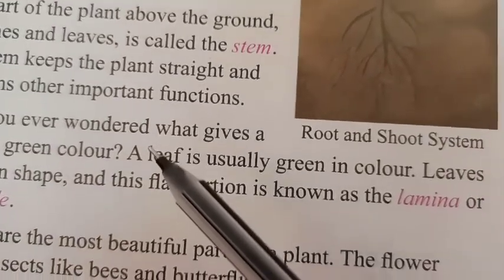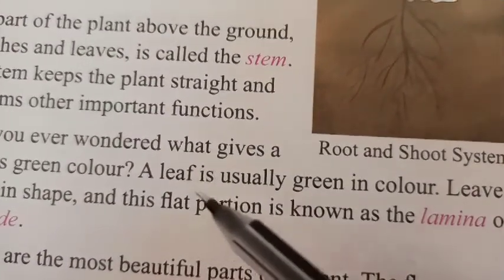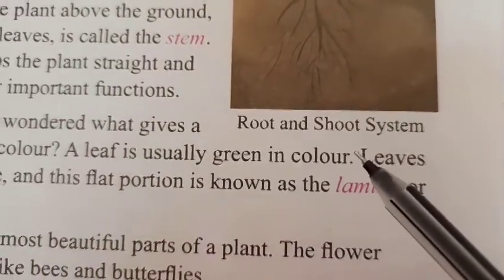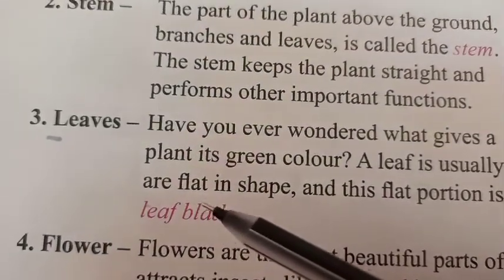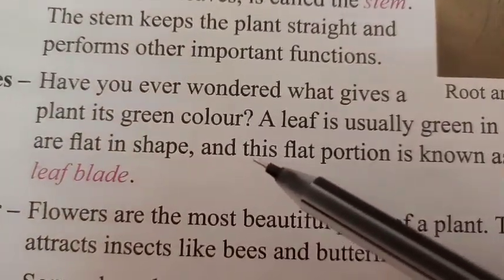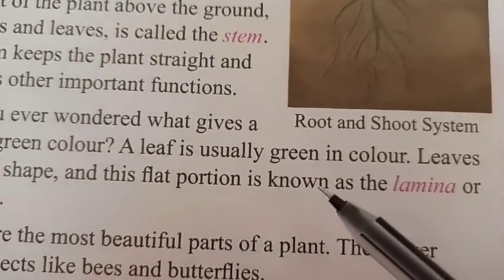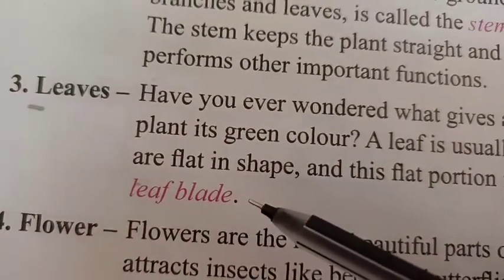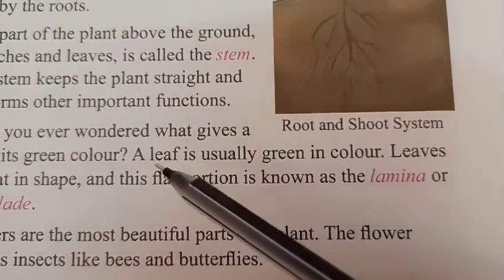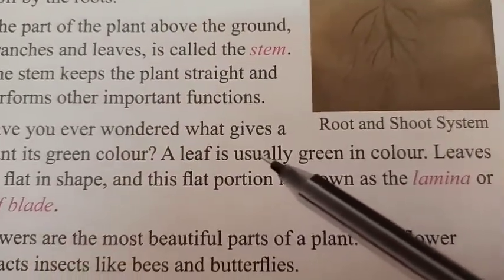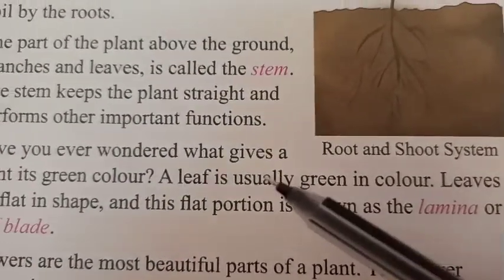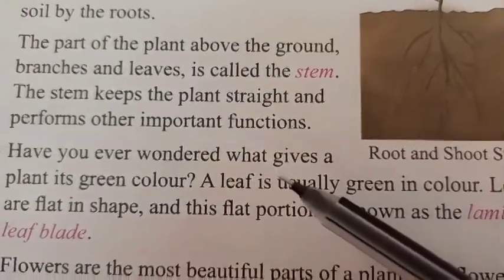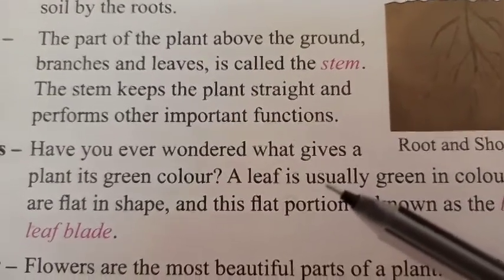And why is this green color there in leaves? Let's see here. A leaf is usually green in color. Leaves are flat in shape, and this flat portion is known as lamina or leaf blade. First, the answer to why leaves are green: inside the leaves one chemical is present which is called chlorophyll.